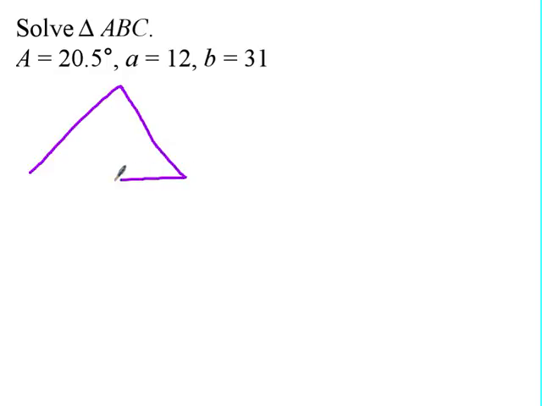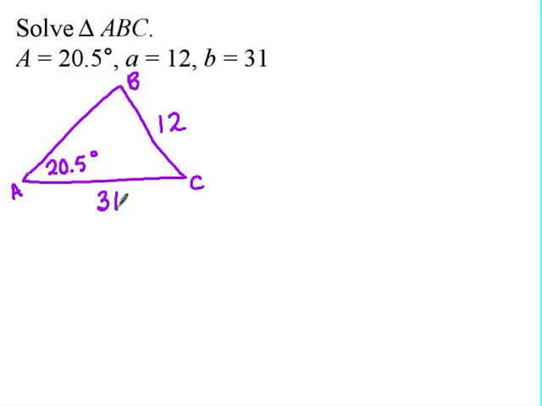It doesn't have to be anything fancy, but here's 20.5 degrees. Side A is 12, and it doesn't matter which one we let side B be, but I just let that top one be.